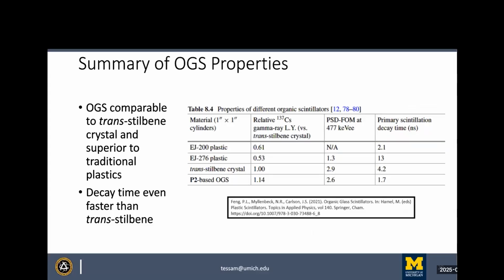To talk a little bit about OGS properties as compared to other materials, it is comparable to trans-stilbene crystals and superior to traditional plastics, with an even faster decay time.